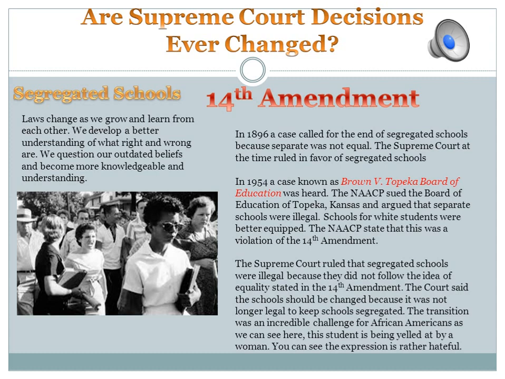The court said the schools should be changed because it's no longer, see how it is no longer legal. Suddenly the law is shifting. Why is it suddenly no longer legal to keep the schools segregated when it once was legal? I just want to put that out there. That's just interesting. It was a landmark decision in the Supreme Court.